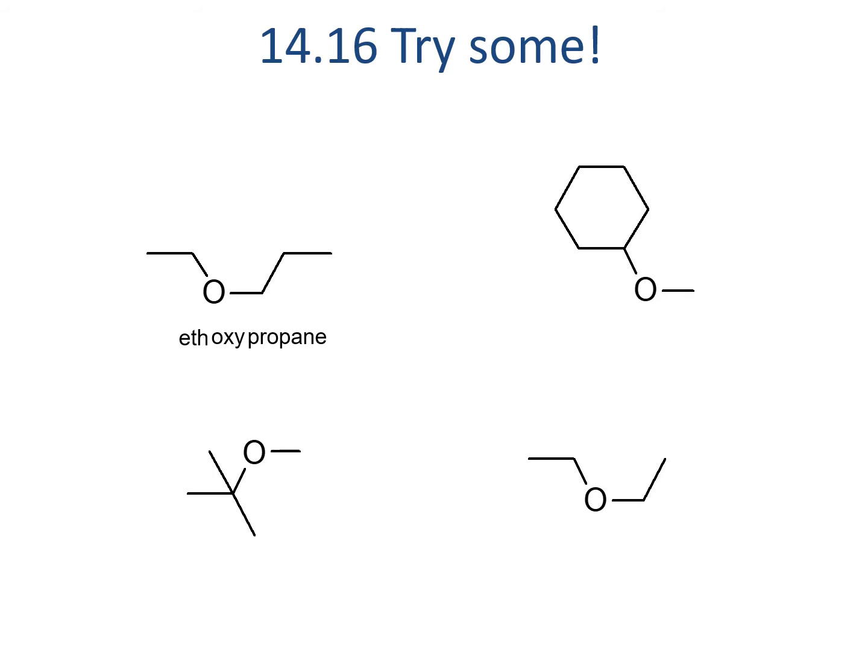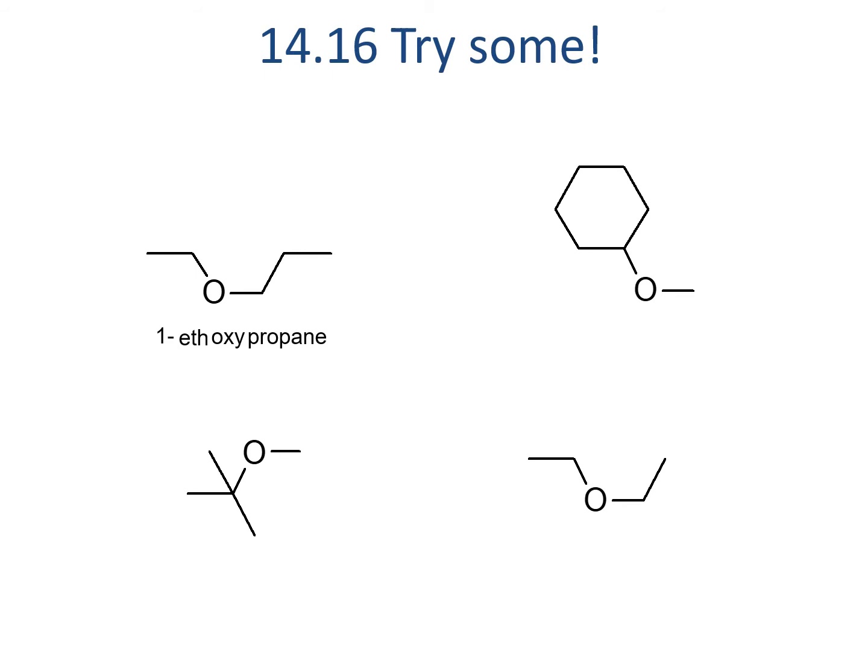Anyway, the full side chain name for this ether is ethoxy, and it is attached on the first carbon of that propane, which means that we need to give it a number 1. Notice that we could actually move that ethoxy over 1 carbon to the 2 position of propane, and we'd have a different molecule, 2-ethoxypropane. So the 1 label is actually really important for this.